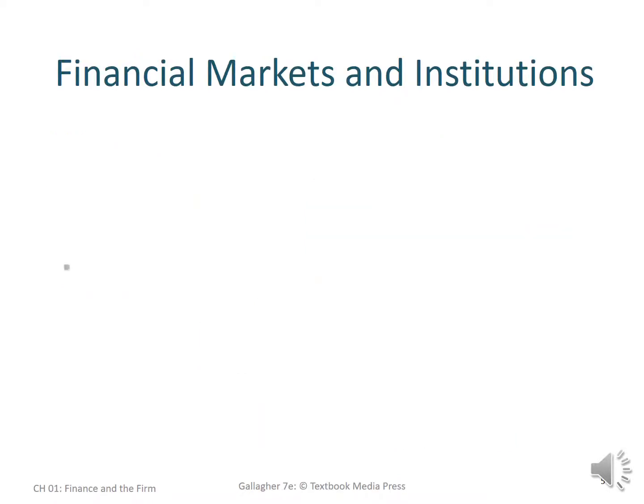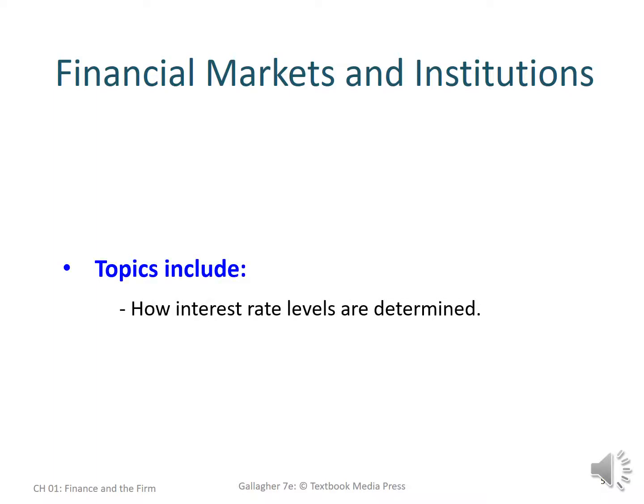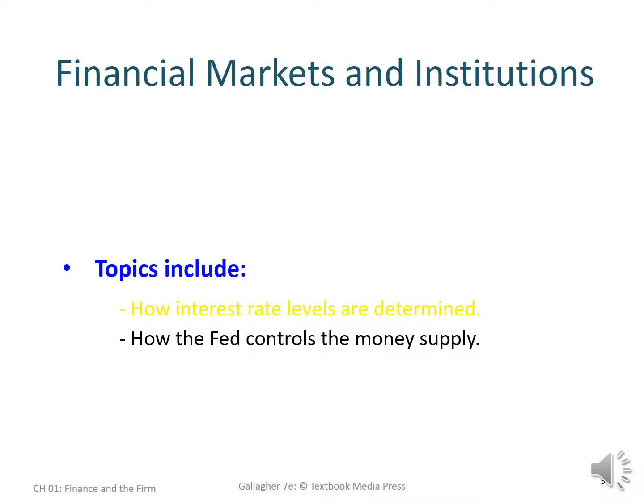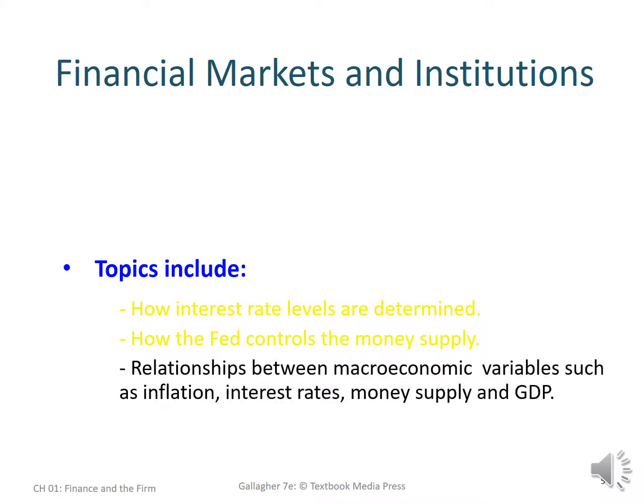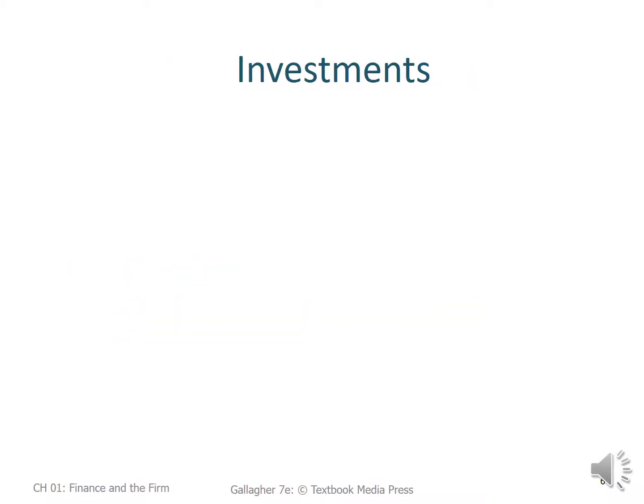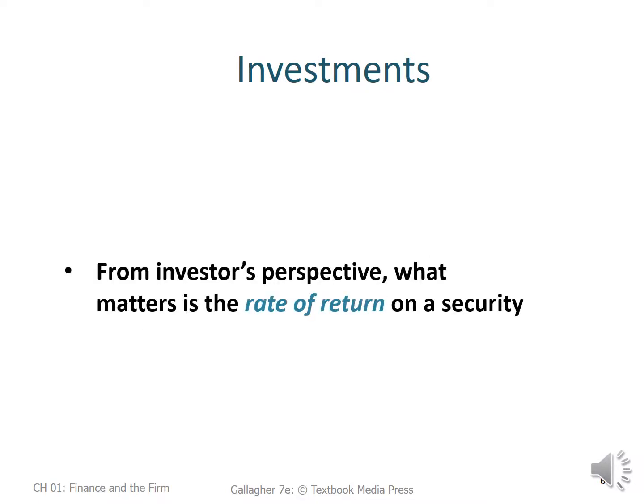Financial markets and institutions. Topics include how interest rate levels are determined, how the Fed controls the money supply, and the relationships between macroeconomic variables such as inflation, interest rates, money supply, and GDP. Investments.